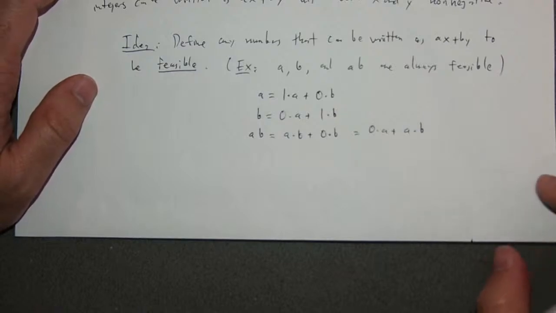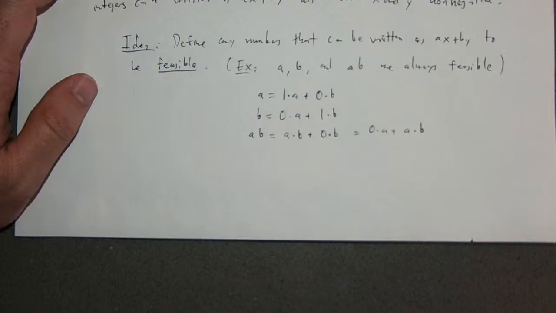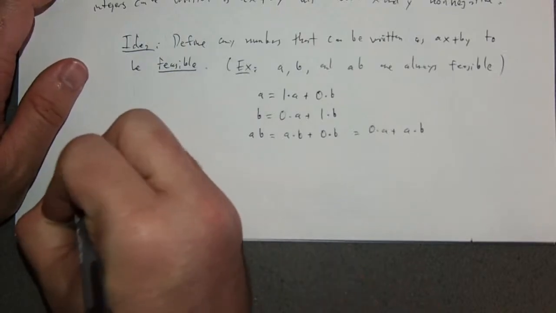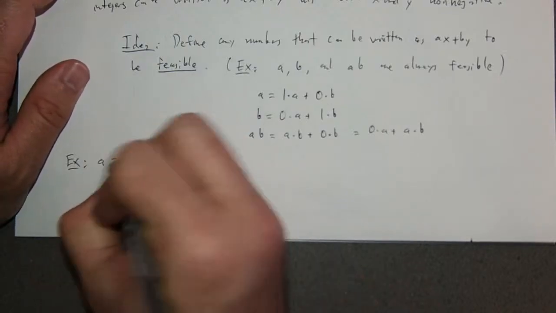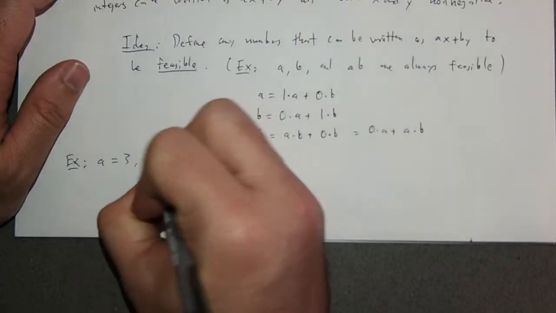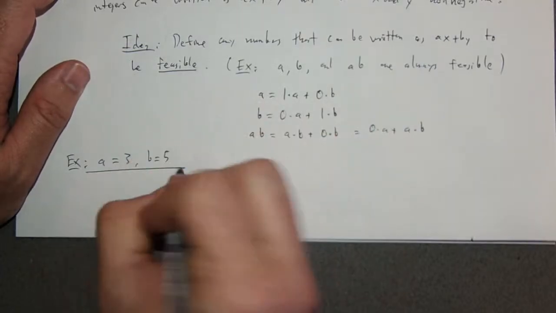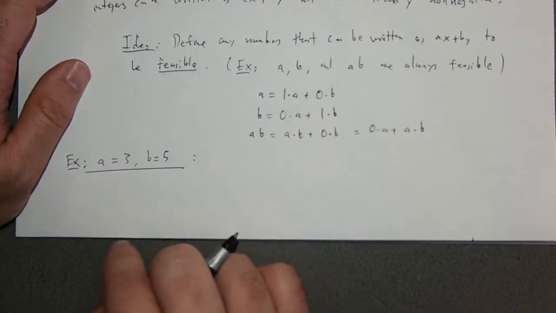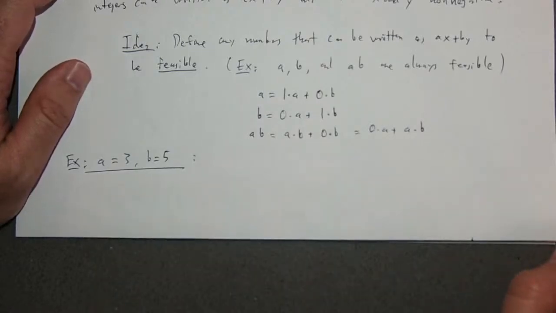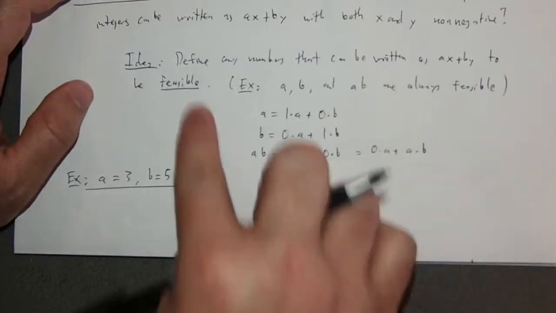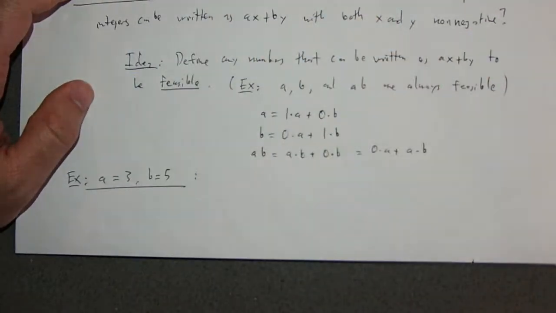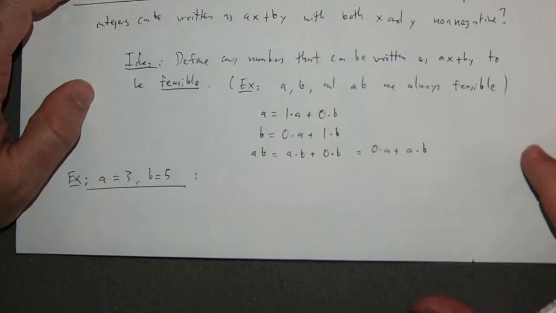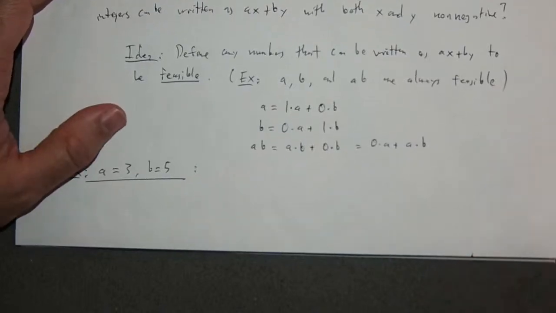So the postage stamp problem that I'm saying in words, let's say that we have an example where A is 3 and B is 5. So that's 3-cent stamps and 5-cent stamps. Okay, and I want to write the list of positive integers, since that's what we're looking for, which positive integers can be written in this way. So I'm starting with a list of positive integers, and I'm going to check off whether or not they're feasible.